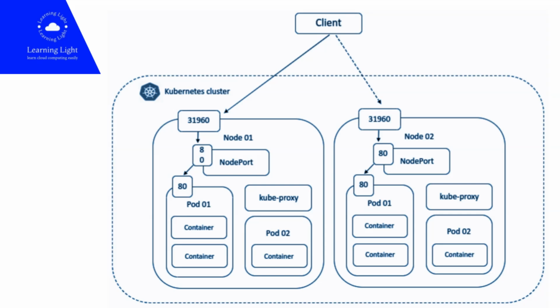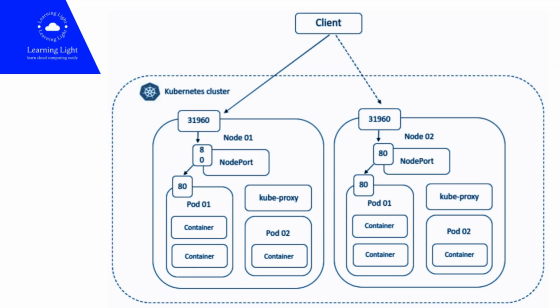Now, NodePort exposes the service on each node's IP address at a static port. This means the service can be accessed from outside the cluster using the node IP and the node port. The node port uses ports from a specific range, typically 30,000 to 32,767, which are reserved for these services.